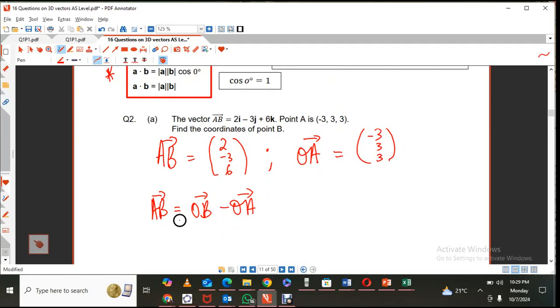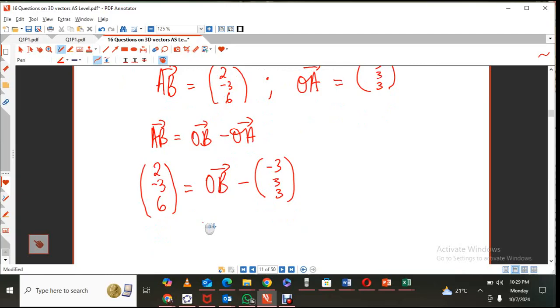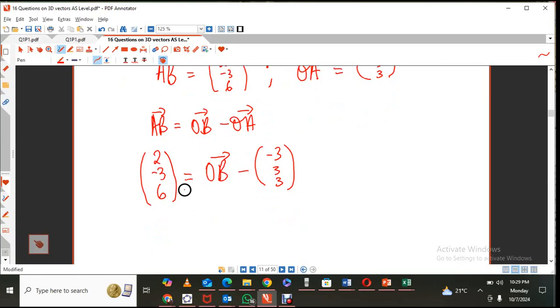We have AB, which is 2, -3, and 6. And we do not have OB, but we know that we subtract OA, which is -3, 3, as well as 3. Now, in order for us to find OB, because once I find OB, then I can find the coordinates, I'll take this whole thing and I'll add it on that side.